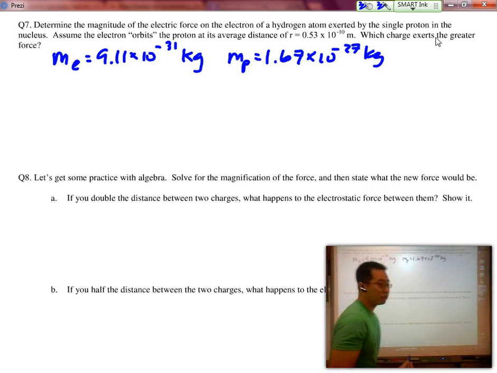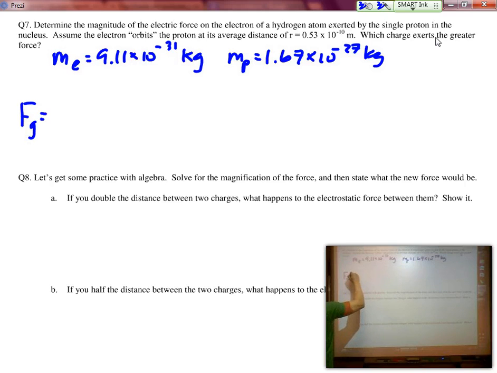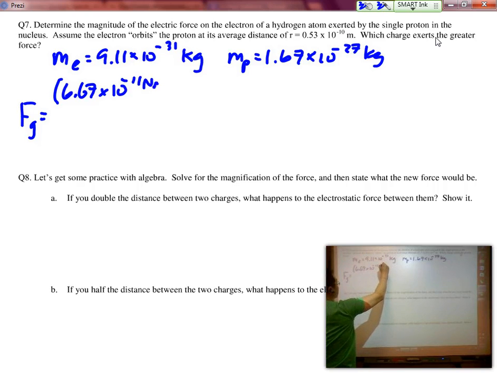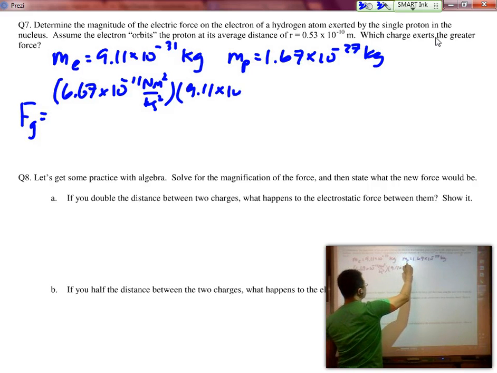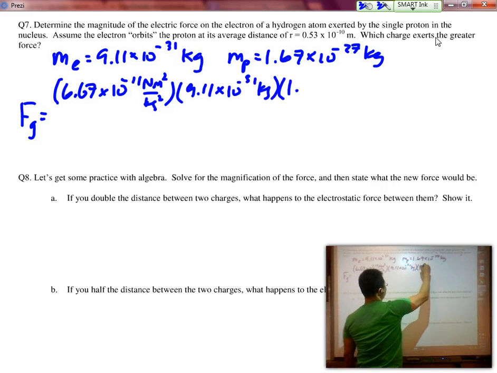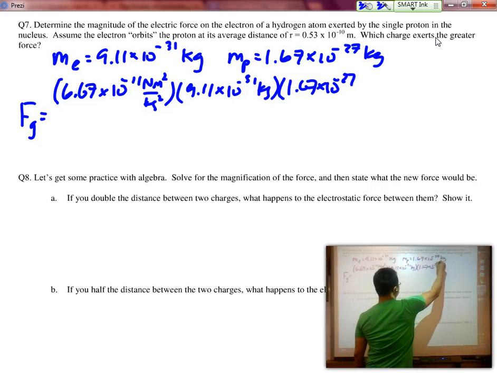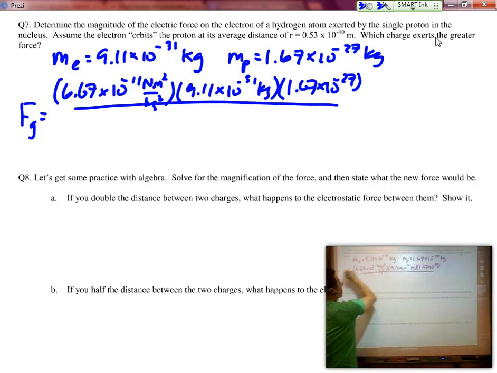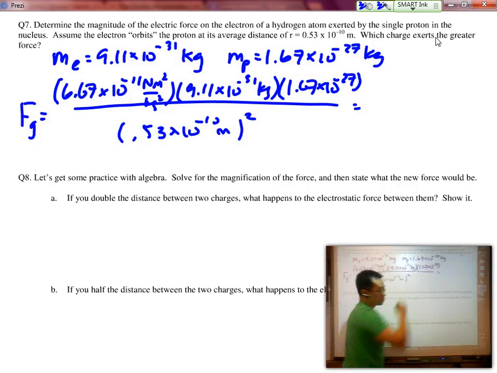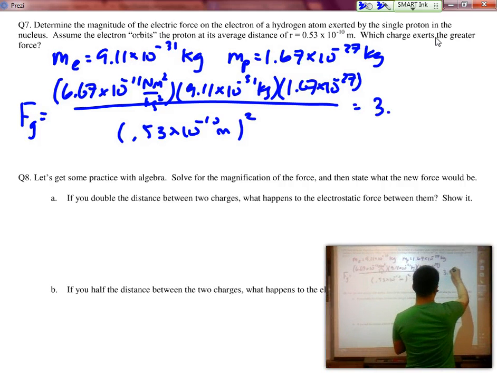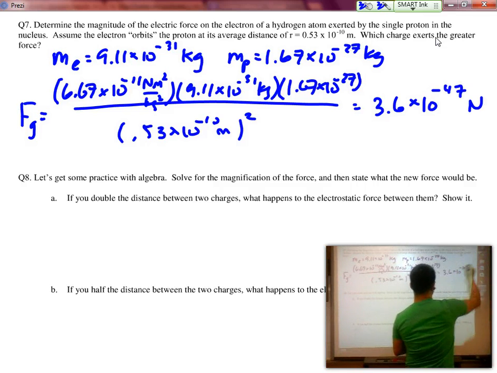So if I were to solve for the gravitational force, G times mass 1 times mass 2 divided by the distance squared, we get about 3.6 times 10 to the negative 47 newtons.